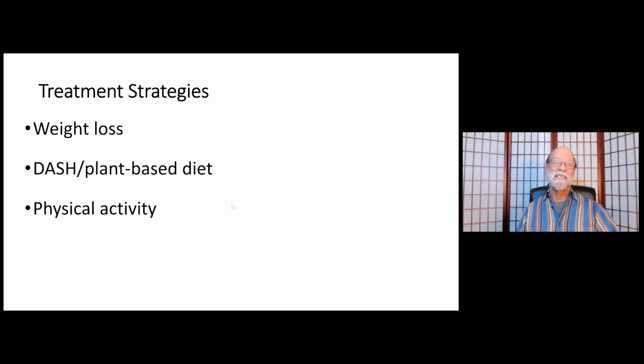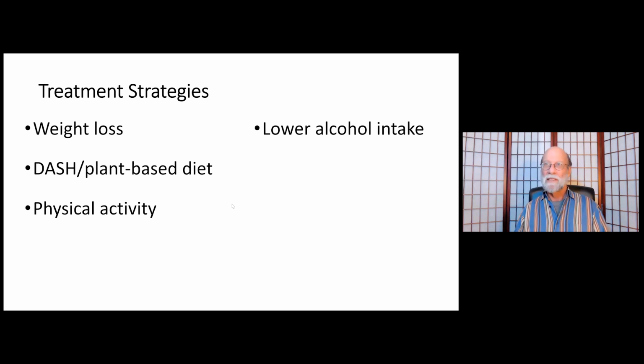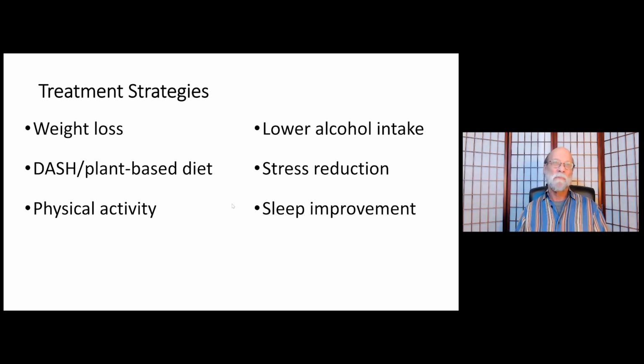Physical activity is critical. Even without weight loss, the body responds to physical activity by becoming better at utilizing blood sugar. Lower alcohol intake is really an important strategy that I don't think gets talked about as much as it should. Also stress reduction and sleep improvement.